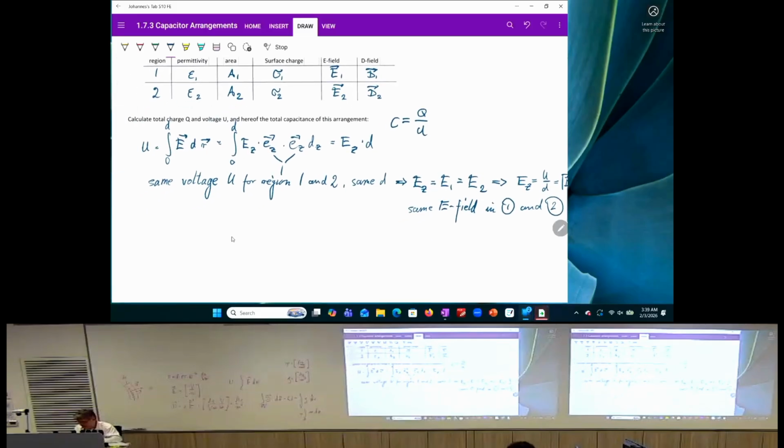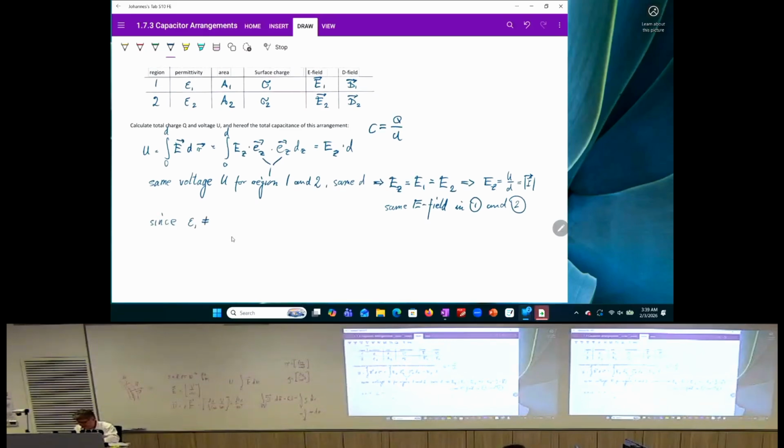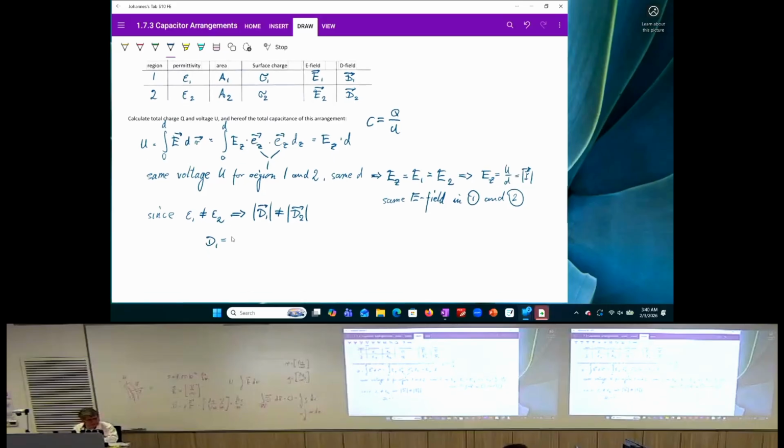However, while we have the same E field, we have different material parameters, and since epsilon 1 is not equal to epsilon 2, it follows that also D1 is not equal to D2. Rather, D1, the electric flux density, is obtained, and because this is so nicely linearly arranged, I drop the vectorial aspect for the moment, a bit casually.